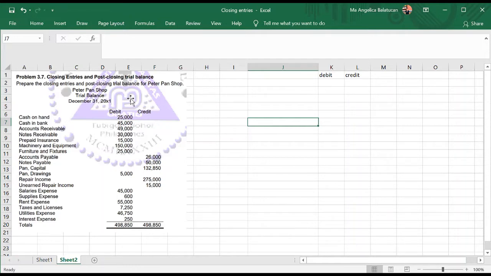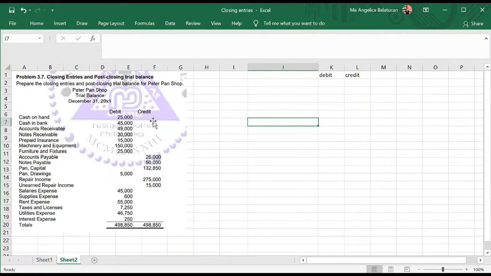The nominal or temporary accounts will be closed at the end of the year because they only exist for one year and are not carried over to the next accounting period. Only the real accounts will be carried over to the next accounting period and become the beginning balance in the next period. So what are the real accounts again?